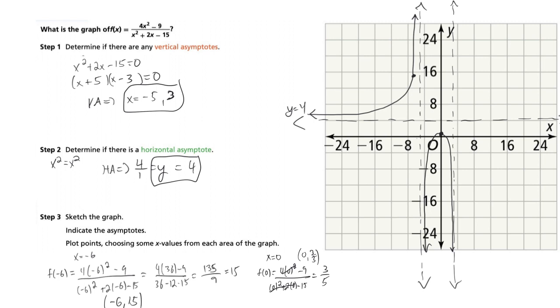And then our last one to choose is something to the right, so we can try x equals 4. So f of 4 is equal to 4 times 4 squared minus 9 over 4 squared plus 2 times 4 minus 15. We get 16 times 4 is 64, minus 9 is 55. Then 16 plus 8 is 24, minus 15 is 9.